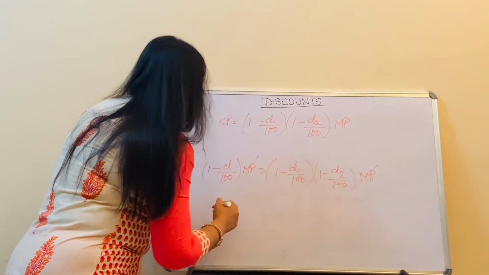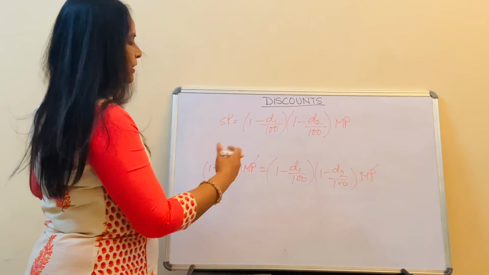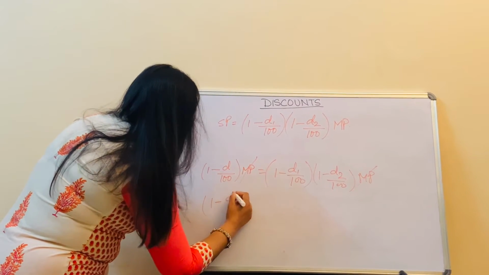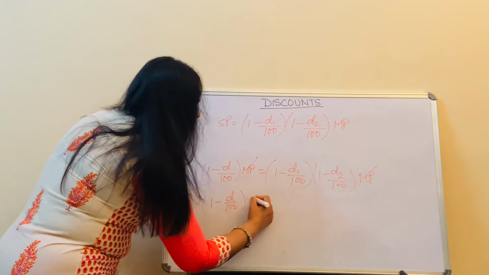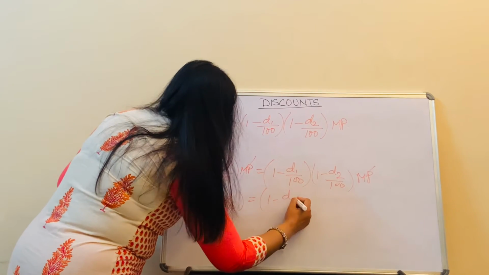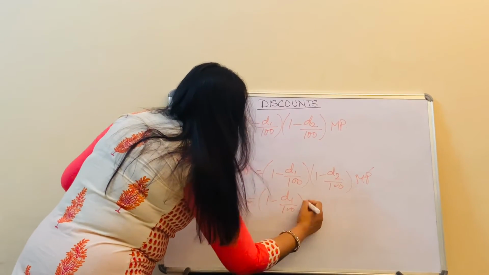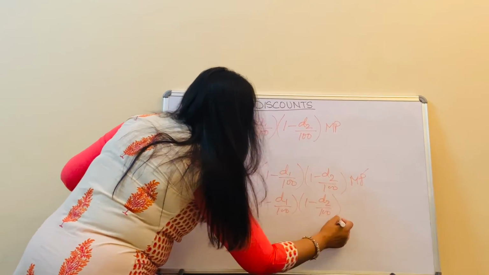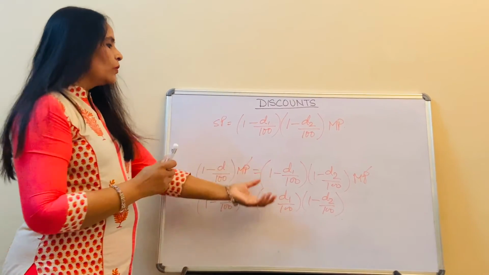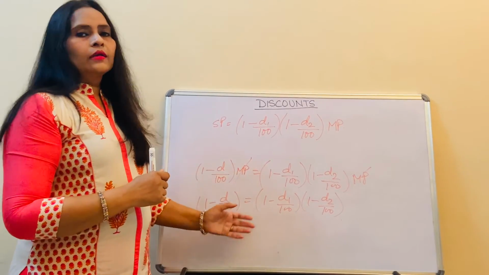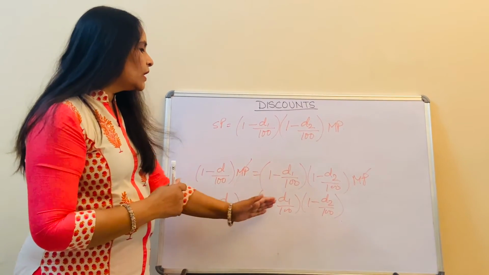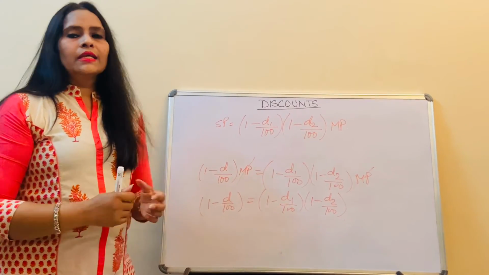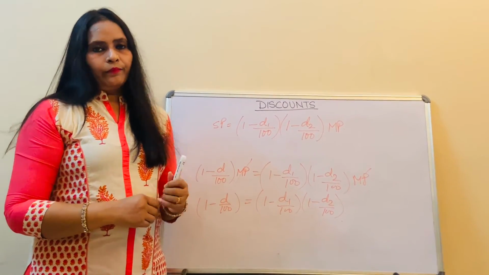The mark price cancels out with the mark price, meaning both left and right hand sides are equal. Now it comes to be 1 minus D upon 100, which is equal to 1 minus D1 upon 100 into 1 minus D2 upon 100. You can calculate this to get the single discount equal to the 2 successive discounts. Use this formula, you can easily get your answer.